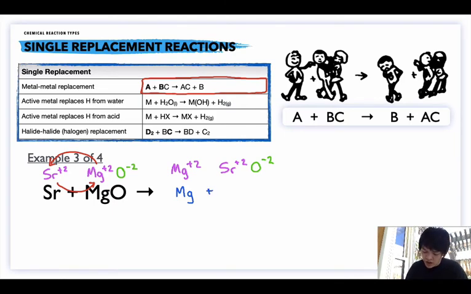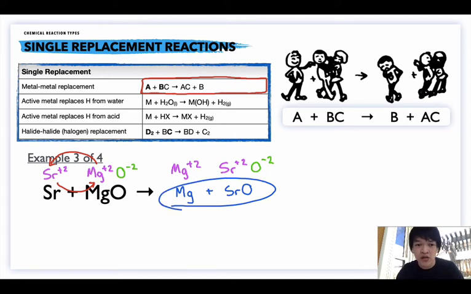As for our ionic compound here, our strontium oxide, since it's +2 and -2, they cancel out already, so we're only going to need one of each. So it's going to be SrO. All right, and that's what the products are for this third example. I'm going to go ahead and write down the names too.